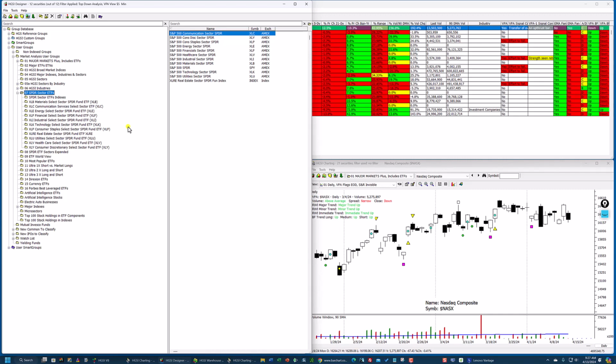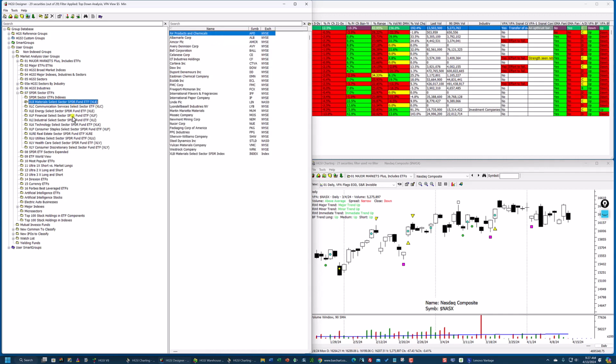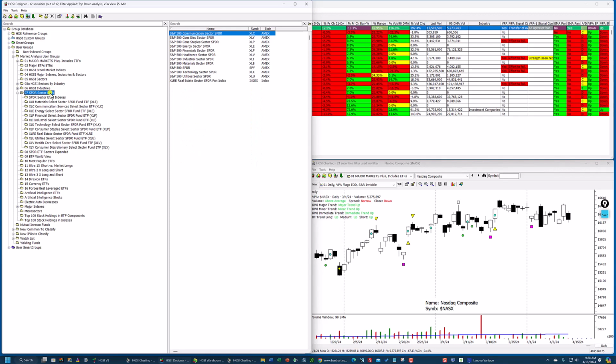So if you're an Insider Club subscriber, when you download and install the add-on, all of this information is going to be up to date. And I did add the real estate sector spiders. Normally there's just 10, but this one is used a lot also. And I put this in with the spider ETFs.